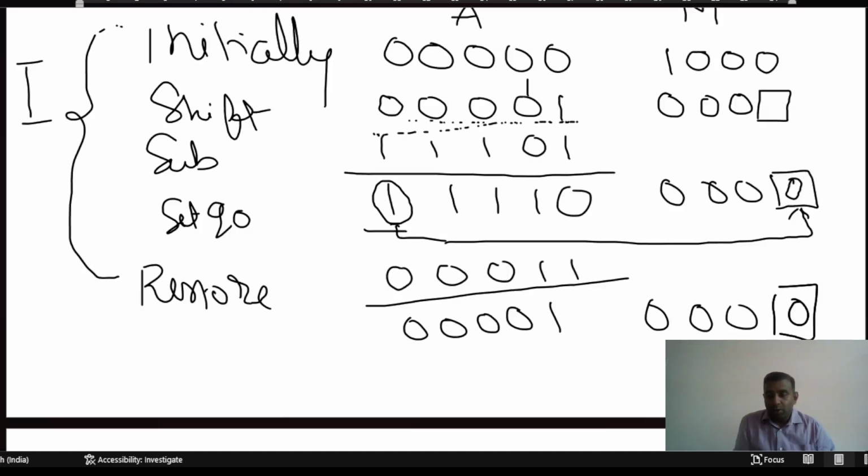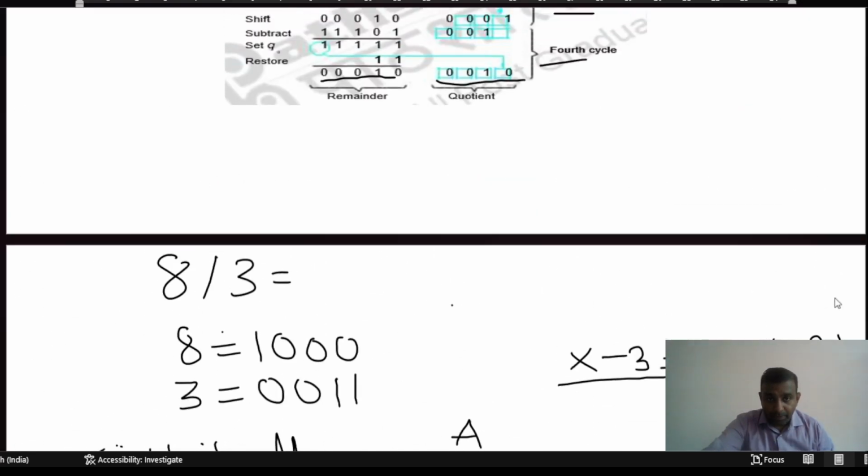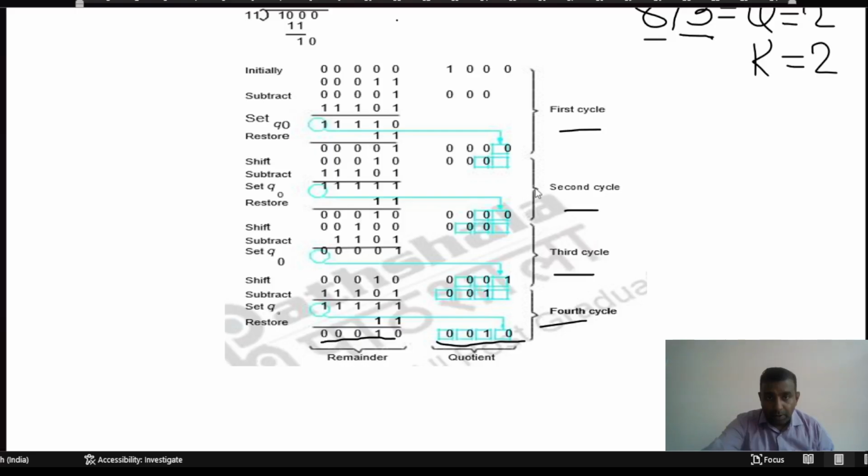And 4 times 0 is the quotient portion. After completing cycle 1, we will get 4 times 0 and 1. You can see this result. So this is the result of cycle 1.